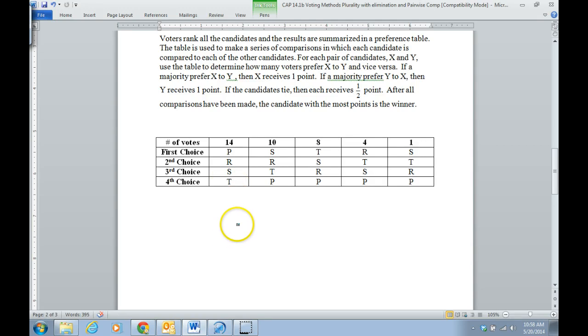We got P, R, S, and T. So I know I need to look at P versus R. I need to look at P versus S, P versus T. I also need to look at R versus S, R versus T, and then the last one I need to look at is S versus T. Okay, so do I have 6 comparisons listed? Yeah, so I didn't leave anybody out.